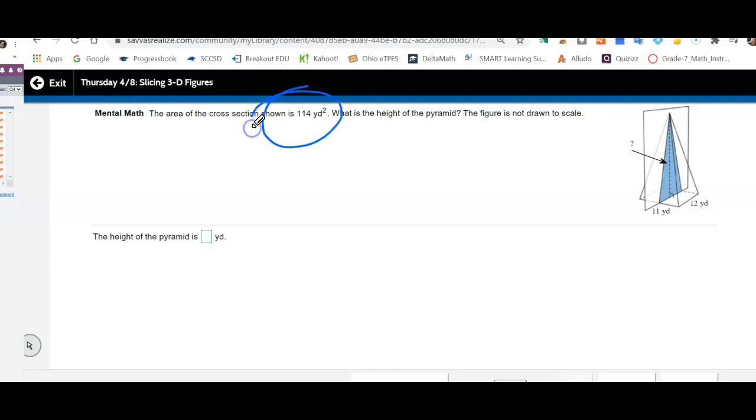This is the area of a triangle, 114 square yards. Isn't that 3 times 4 times 5? That would be the volume of a rectangular prism. What? So you do the base of the triangle, right? I asked, what is the area? What is the formula for finding the area of a triangle? You remember?